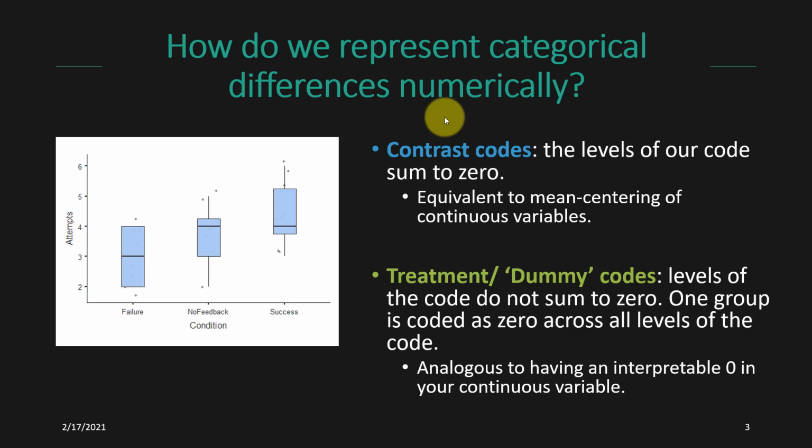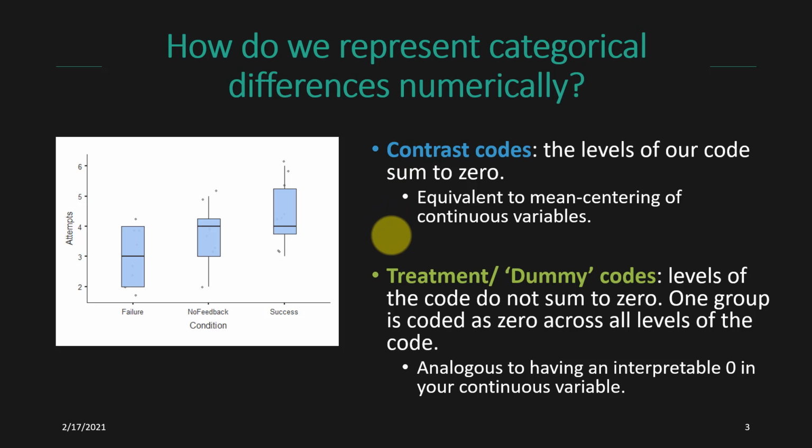We're going to use either contrast codes or the treatment/dummy codes that we used before, but now we have additional groups. And the way that we code these variables will affect exactly what the individual slopes and intercepts mean in our different models. There are strengths and weaknesses to both of these approaches. In general, we're going to like contrast codes, even though they make interpreting the individual slopes a little bit harder.